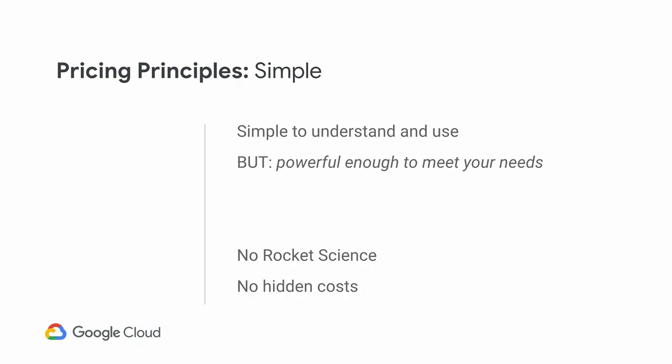Simple means powerful enough to meet your needs without being unnecessarily complex. That doesn't mean that a 5-year-old should be able to understand your cloud bill, but it also doesn't mean that you should be required to have a PhD in finance to figure out your cloud bill. One of the features that we launched last year is something called resource-based pricing.